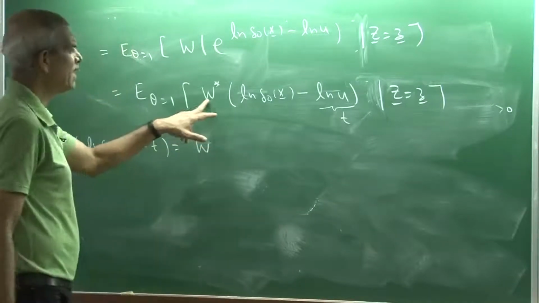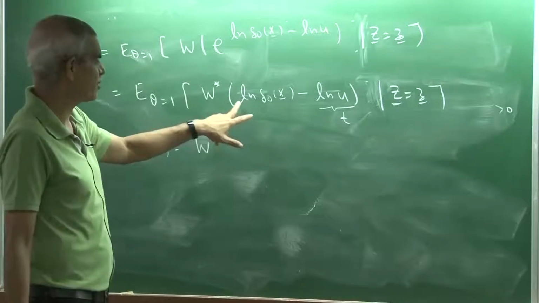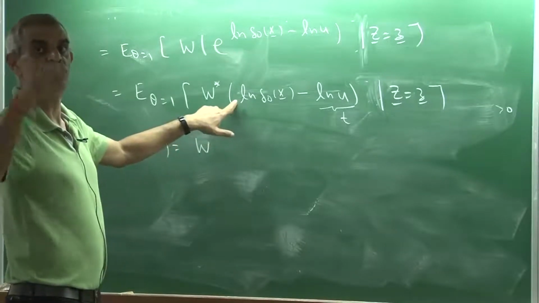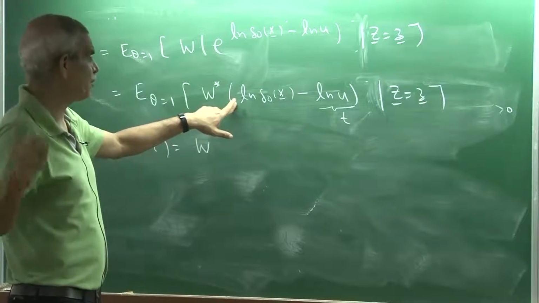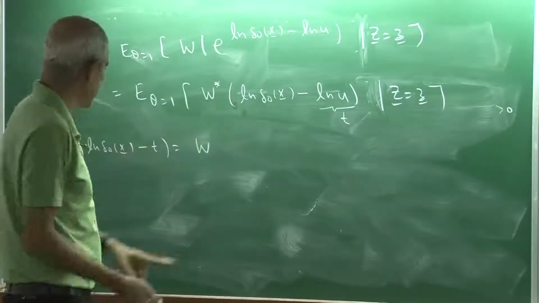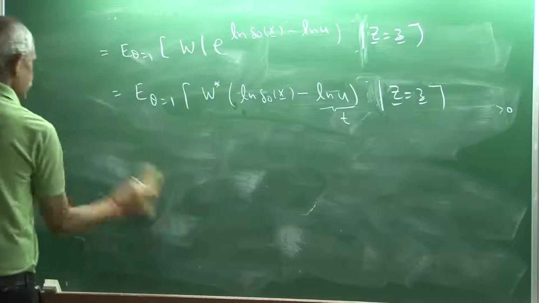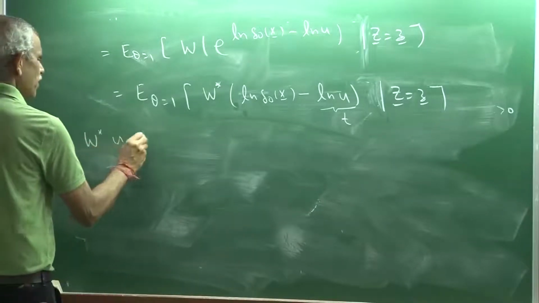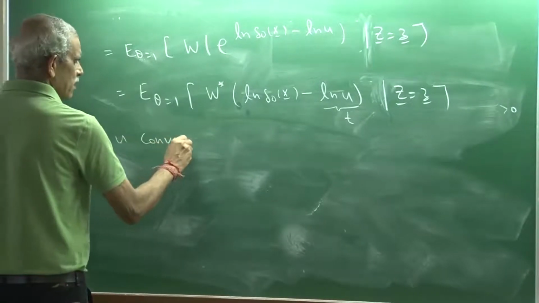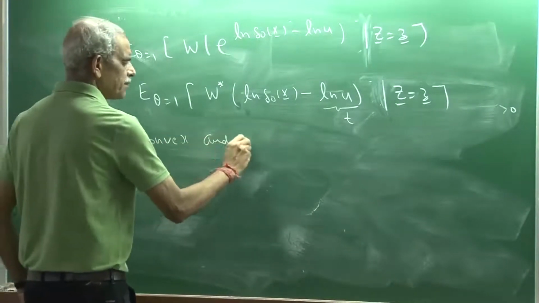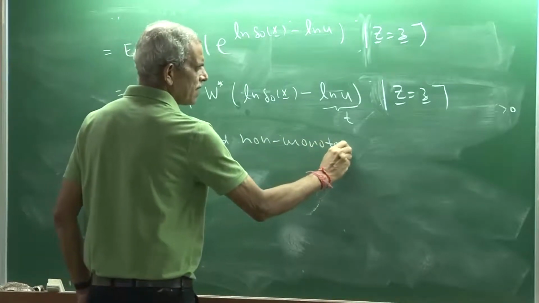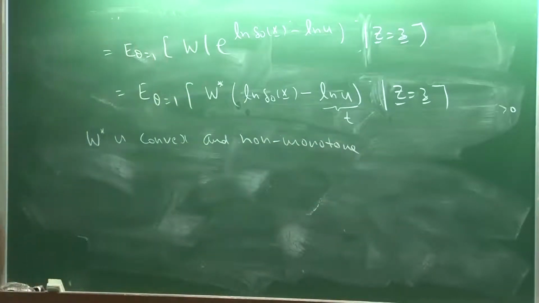What I have assumed is that W star is convex, because W star is nothing but W of e to power t. I have assumed that W of e to power t is convex, which is equivalent to W star being convex and non-monotone. That is what my assumption was to begin with.